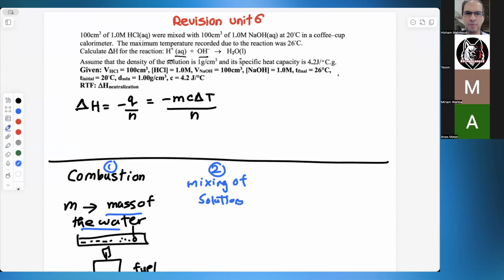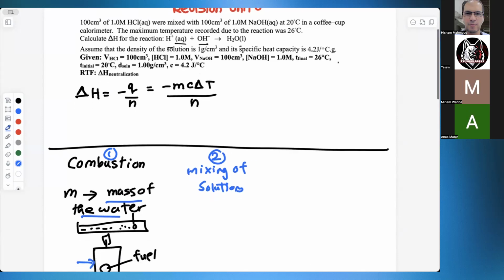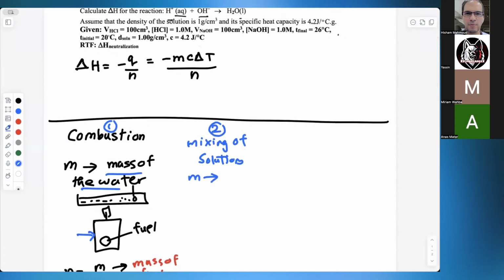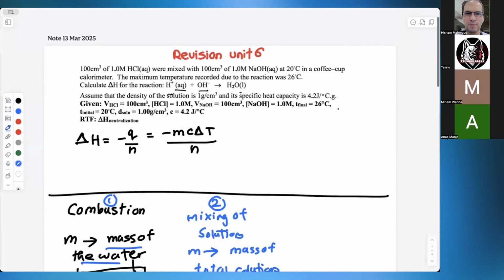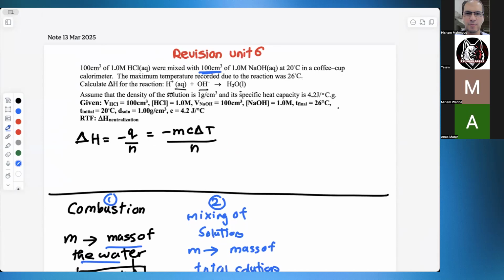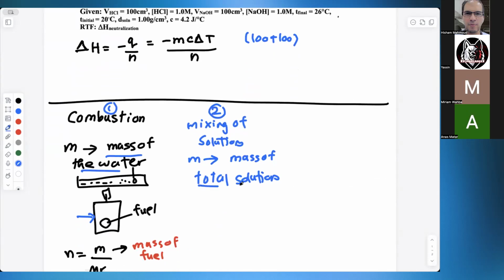So mixing solutions makes things easy, because the first M that I need to find is actually the mass of the total solutions. If you mix two solutions like we have here, I have 100 centimeter cube of the first solution and 100 centimeter cube of the second solution. So simply your M is 100 plus 100, the addition of the two solutions together.